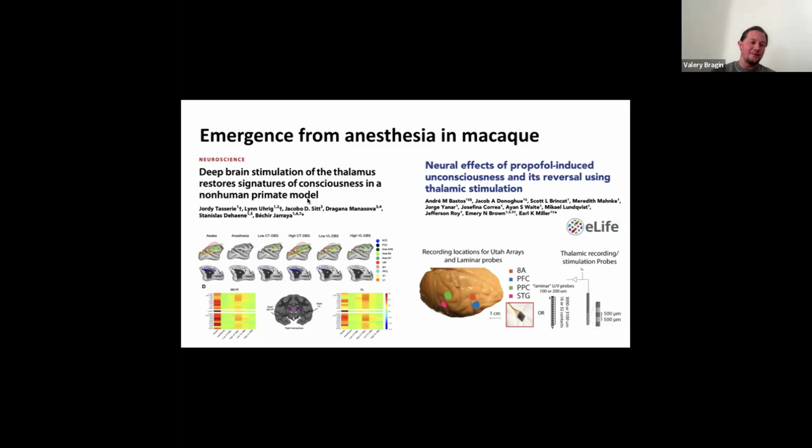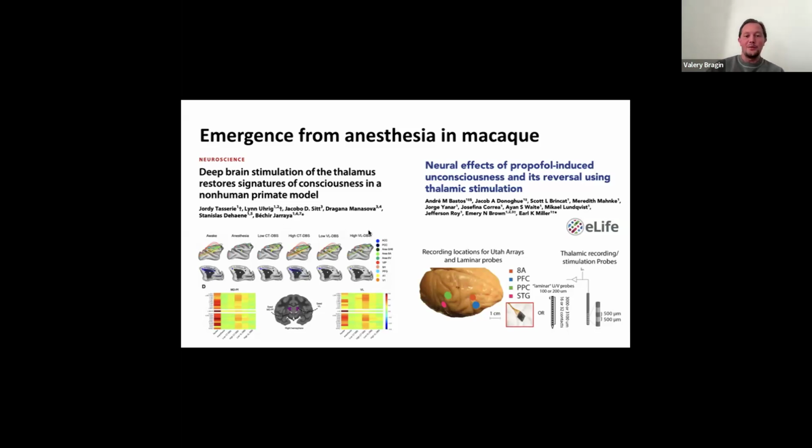They both have the same experimental design. So they have an anesthetized macaque and they apply deep brain stimulation. In this study by Tasserie, they record functional MRI during normal states, the anesthetized unconscious state, and then after bringing it back to consciousness with stimulation. And of course, we cannot tell for sure if the macaque is conscious, so they use certain methods to evaluate, starting from open eyes and some movement patterns and so on.